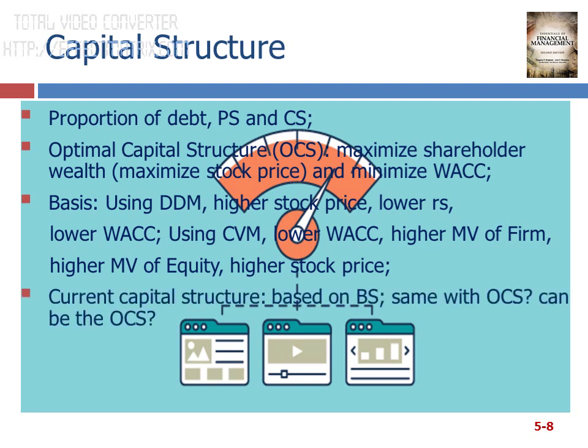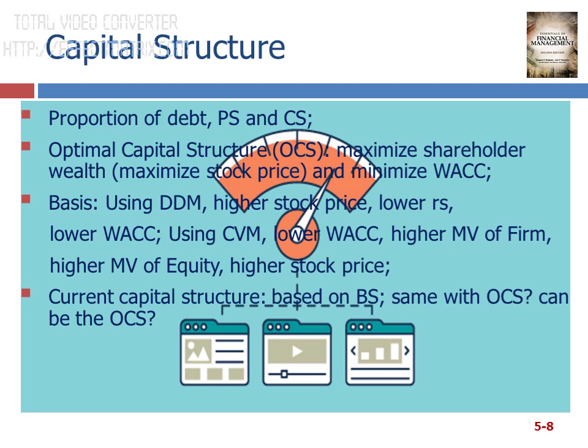Next, about the capital structure is the current capital structure. What is the current capital structure? This is basically the portion of your liabilities and equity that can be seen in your balance sheet. The balance sheet is your historical amounts. Okay? The question is, is the current capital structure the same as the optimal capital structure?